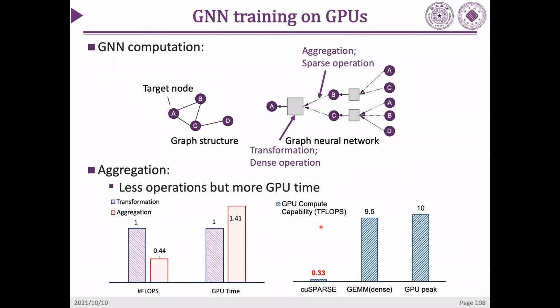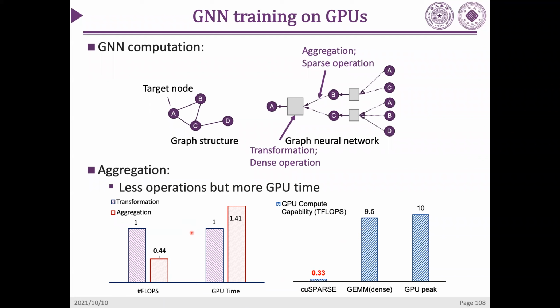The right figure shows the computation capability of different operations. You can see that dense GEMM on the GPU is very close to the GPU peak performance. But if you look at the basic sparse operation, cuSparse is nearly 30 times slower than the dense operators.